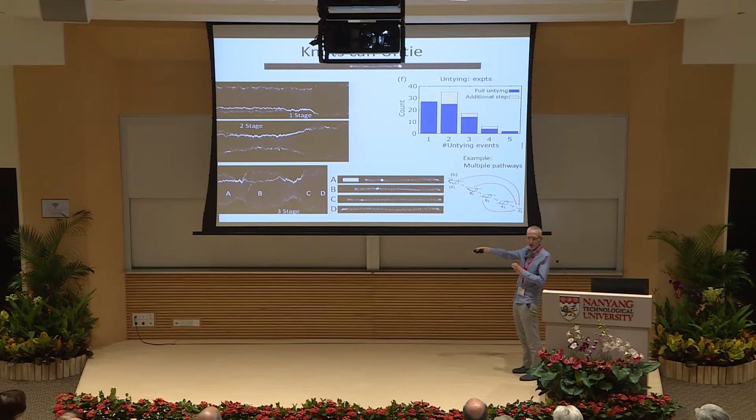So it basically changes to a less complex knot. And in fact, both in experiments and simulations, we can watch this process. And we can look at statistics of basically how you go from a highly knotted conformation to an unknotted conformation, and whether that's actually one step or multiple steps. Okay, so unknotting is not just a one-step process.